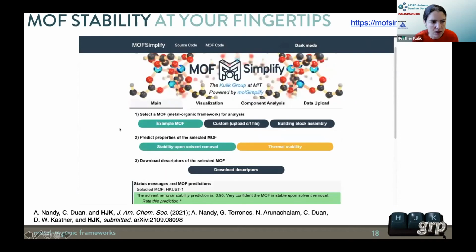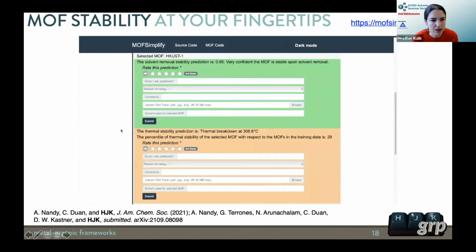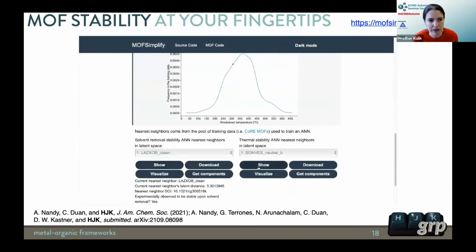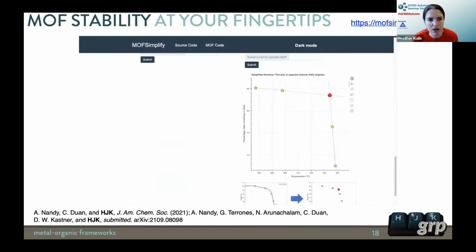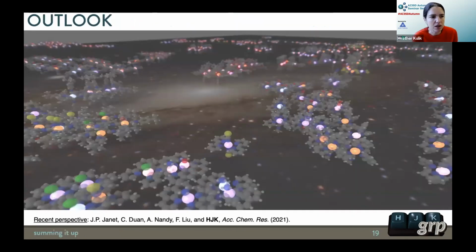You can also take a look at the predicted thermal stability, where that thermal stability sits in our total data set, as well as how confident it is. And we also encourage user feedback, so users can give a rating to how they feel about how accurate our predictions are, as well as upload new data to help us refine our models. So I encourage you to check that out after my talk if you get a chance.